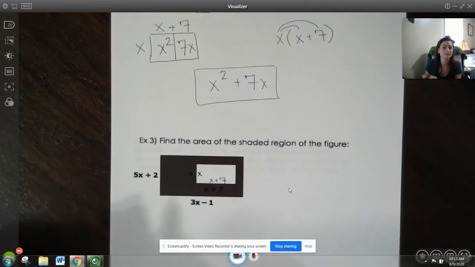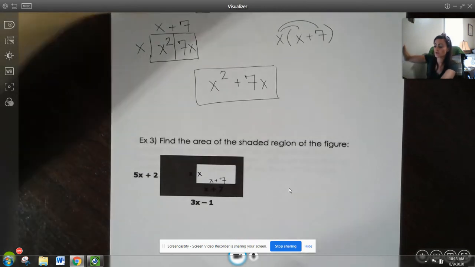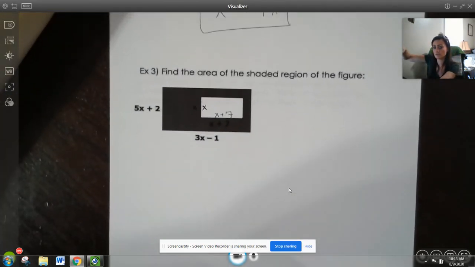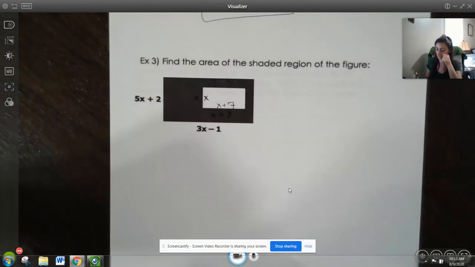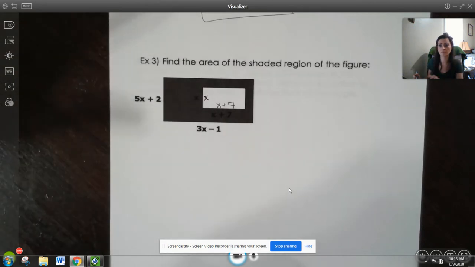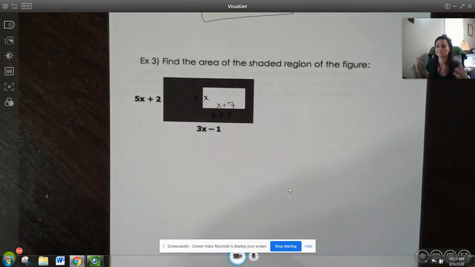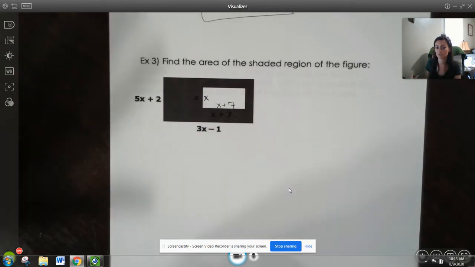So again, you can do distribution, you can do the box method. I'm going to do distribution only because for me, it's a little bit faster. I know it's the exact same thing.